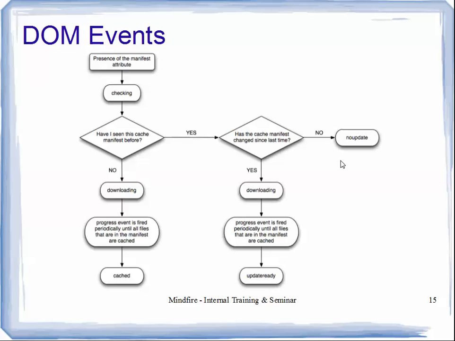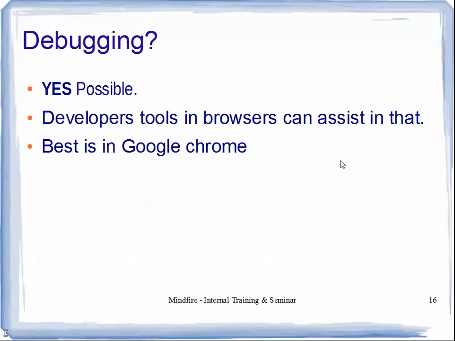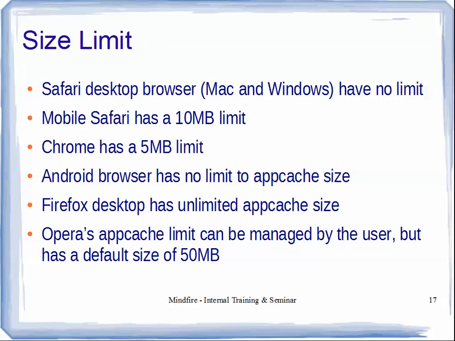Now, while offline you can also debug that application through any developer tools available in the browsers. Now, the size limit of this app cache depends on the browser and some of the user settings as well. Some browsers allow unlimited app cache, and some have limits, like 10 MB, 5 MB.